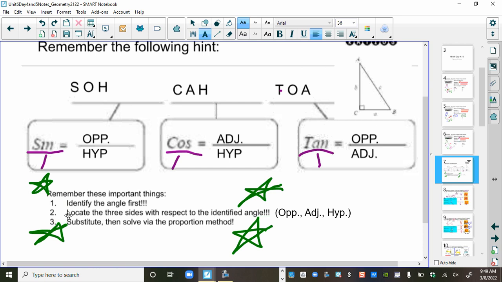For sine, cosine, and tangent, you need to identify your angle. That's number one. Locate or identify the three sides with respect to the angle. The hypotenuse is always going to be the same, across from that right angle. And then substitute or solve by way of the proportion method. We're going to continue that idea today.